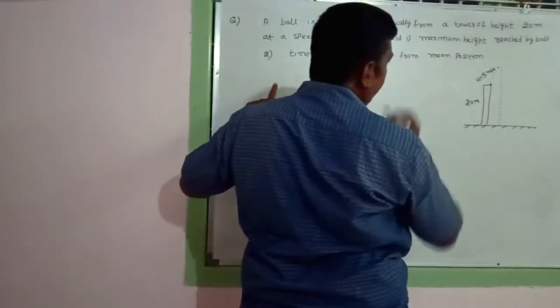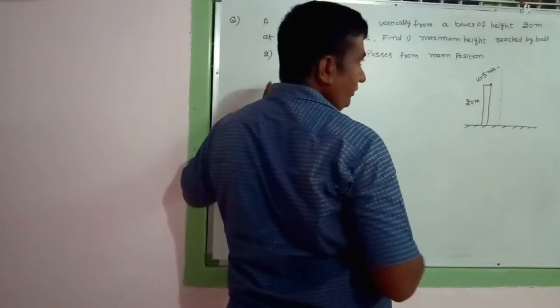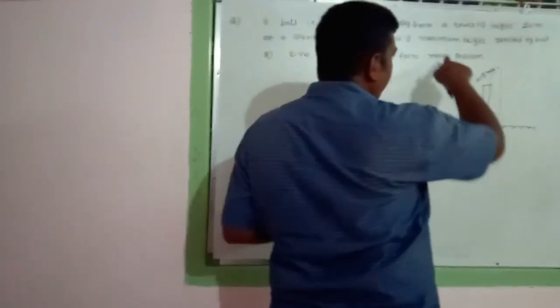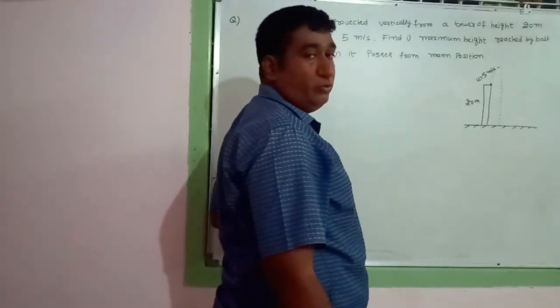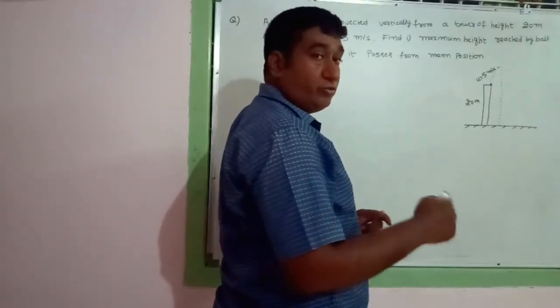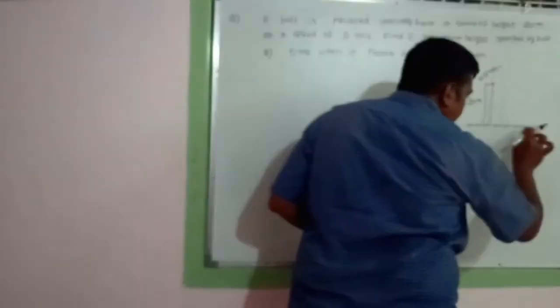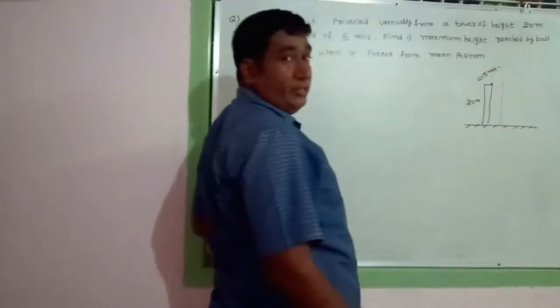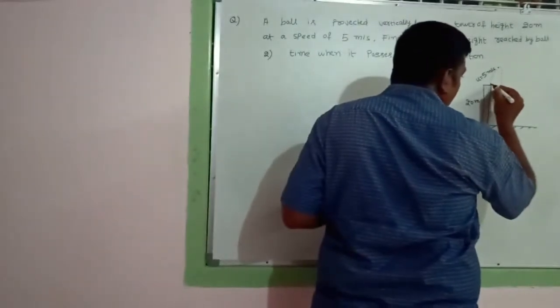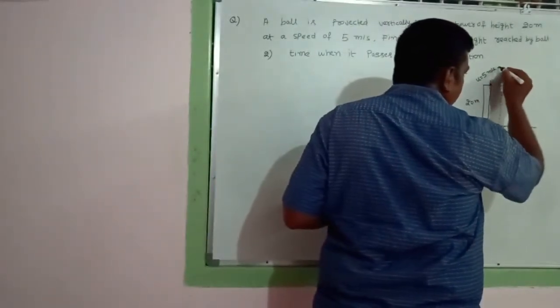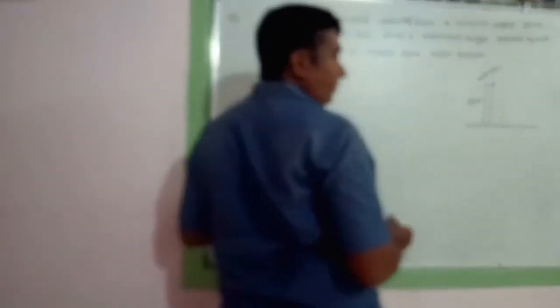First they asked to find the maximum height reached by the ball. In this case we cannot use the formula h equals u square by 2g. That formula h equals u square by 2g is used from the surface of the earth, but here we are projecting from the top of a tower, so we cannot use that equation.